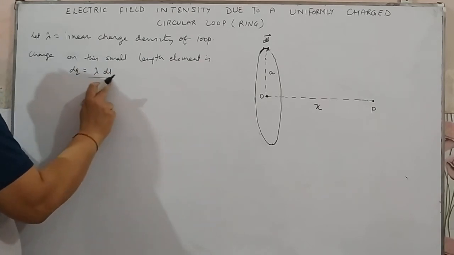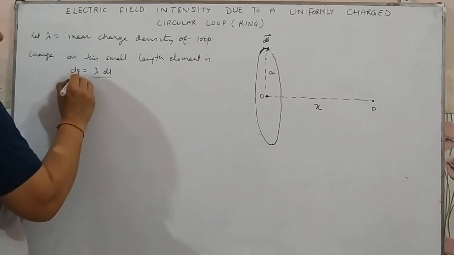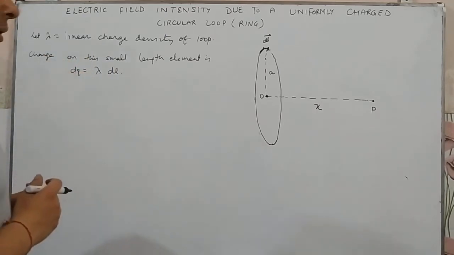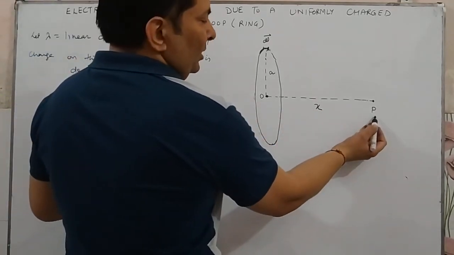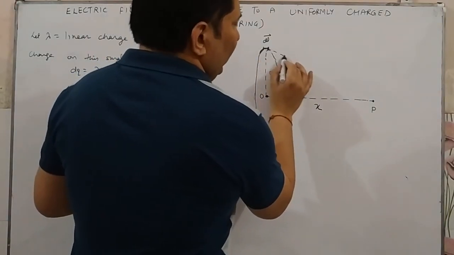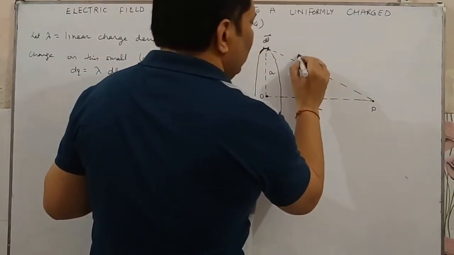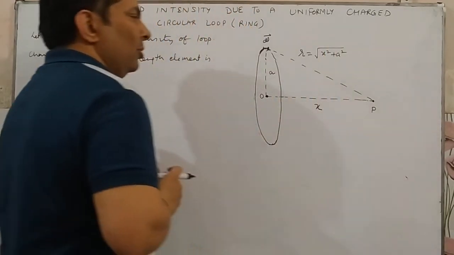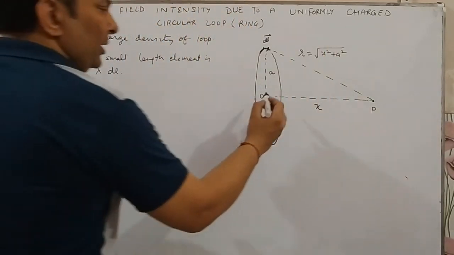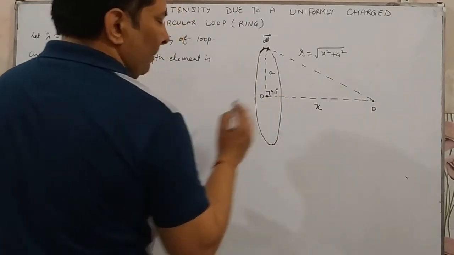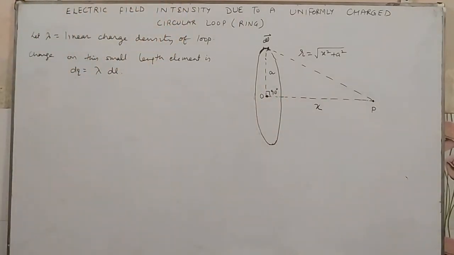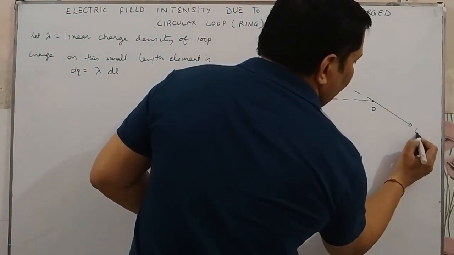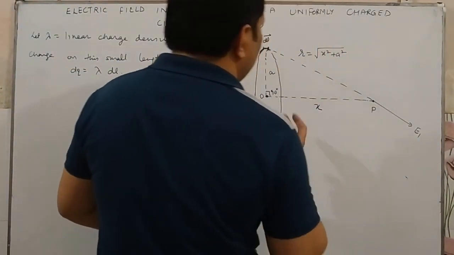Okay, this is the amount of charge on that small length element. Now we need to find the electric field intensity here. Charge we have. Now see this distance, let it be equal to r. R means root of x square plus a square by the Pythagoras theorem, because we know this is angle 90 degree. Okay. So electric field intensity will be pointing along this direction. This is the electric field intensity due to this first length element dl1.